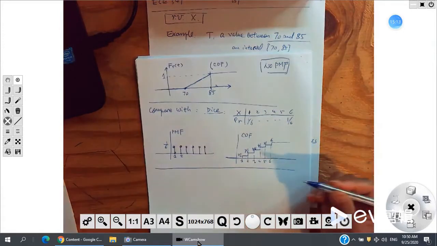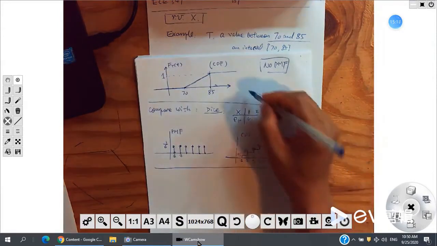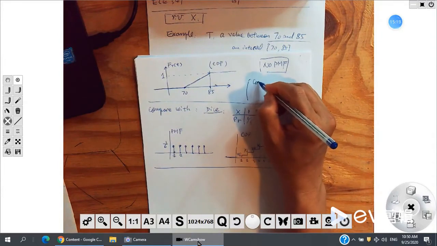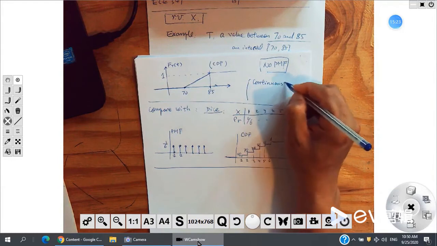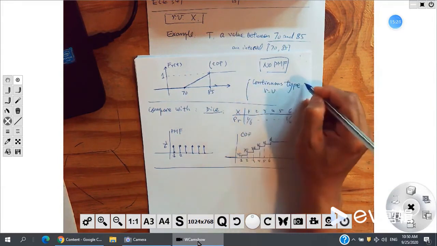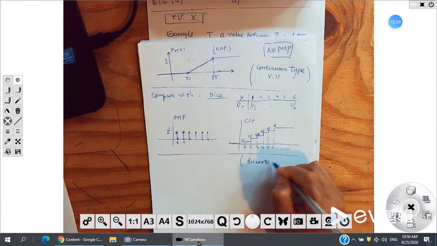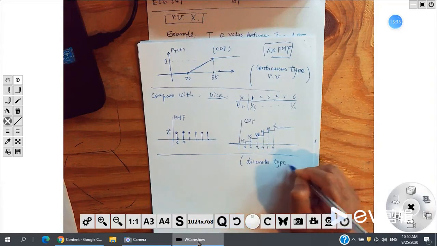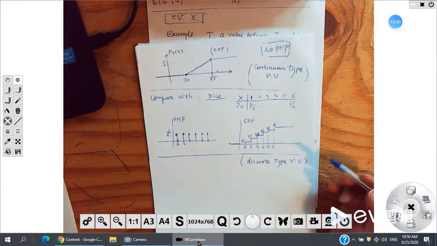Then we have names for these two kinds of random variable. This one we call a continuous type random variable, and this one a discrete type random variable. It makes sense, right?